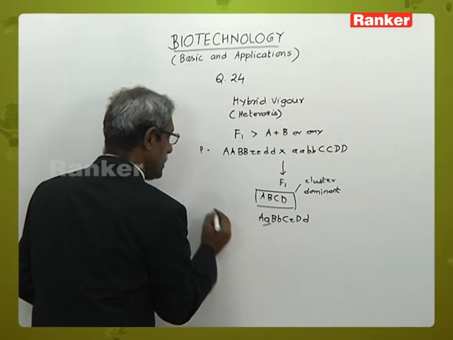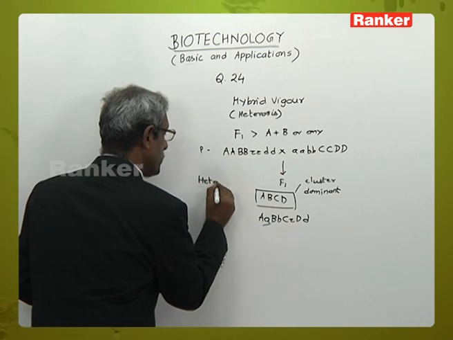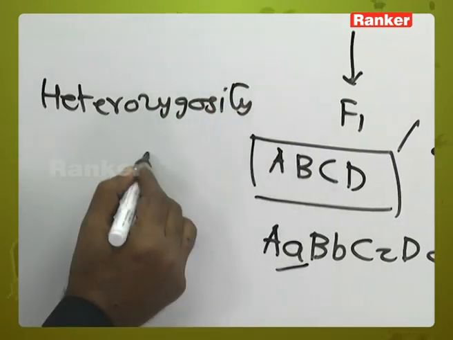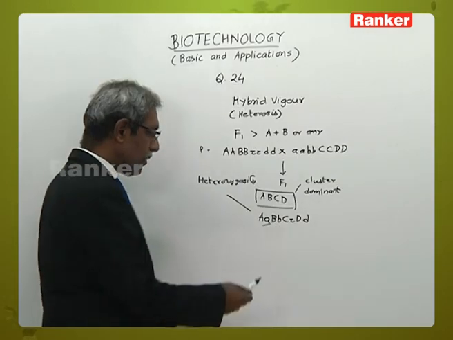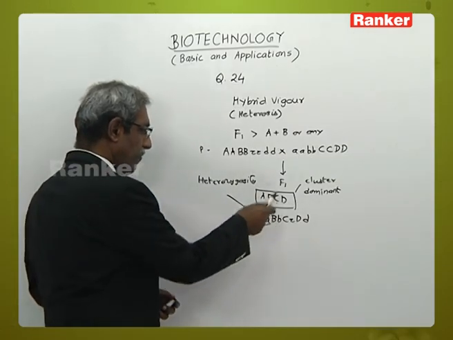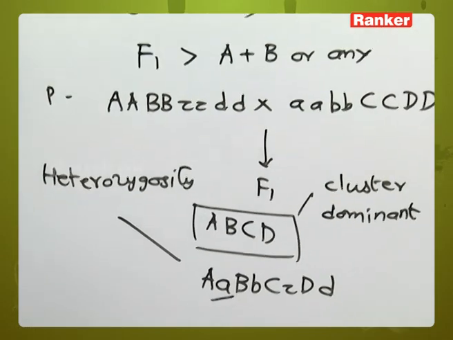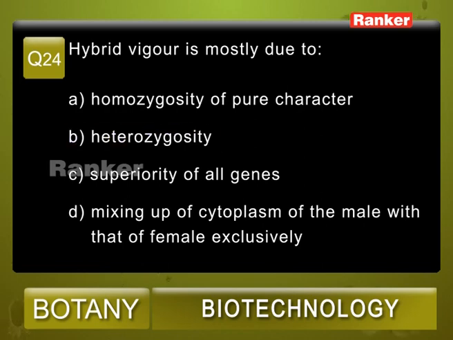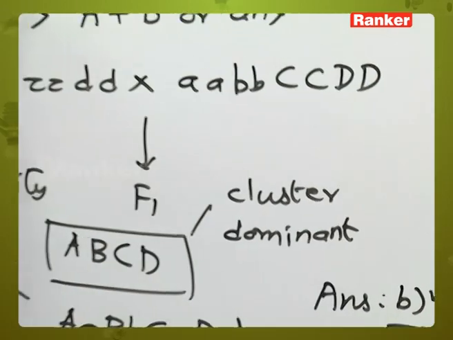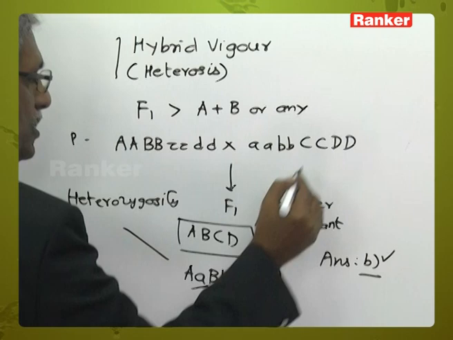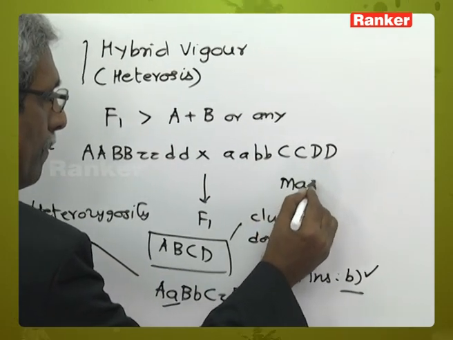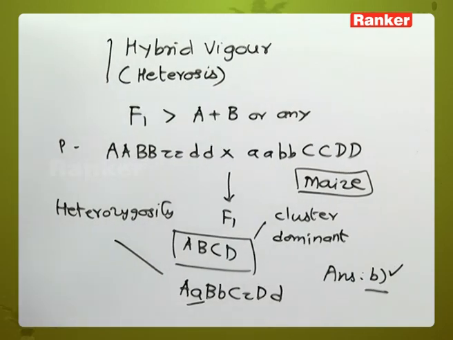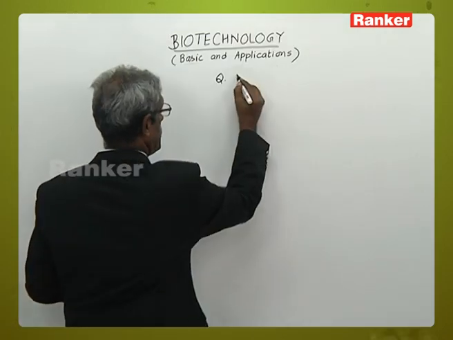This condition is termed heterozygosity. So, heterozygosity results in the F1, especially in the case of hybrid vigor. The answer is B. Hybrid vigor is normally seen in the case of maize or corn. Next, we go to question number 25.